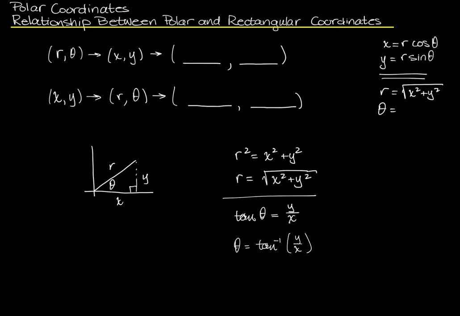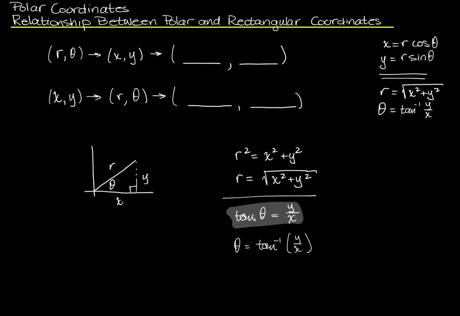You'll actually see both versions of this in different textbooks. Your textbook actually gives this version as the way to obtain theta from x and y, but I'm going to write it down this way. Theta equals the inverse tangent of y over x. It's actually your choice, whichever one helps you remember.